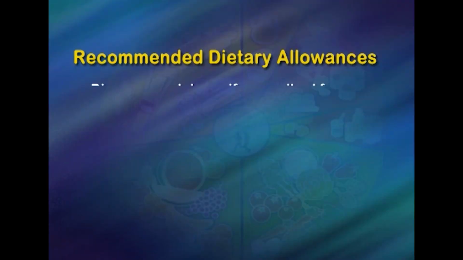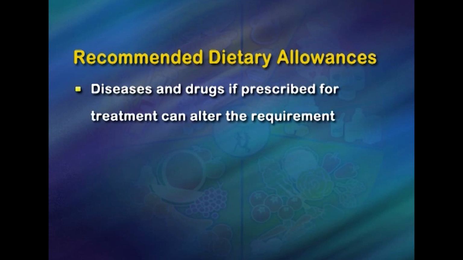During certain stages of life, like pregnancy and lactation, women require increased amounts of certain nutrients like iron, calcium, etc. So the RDA differs from person to person, and it is based on the physiological state, the type of activity, age and sex. Of course, diseases and drugs, if prescribed for treatment, can alter the requirement for one or more nutrients.